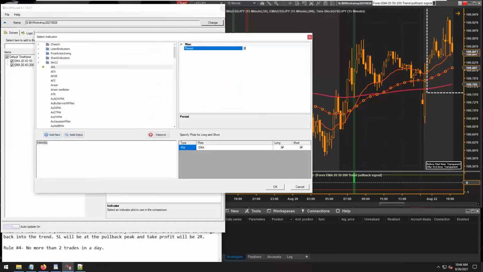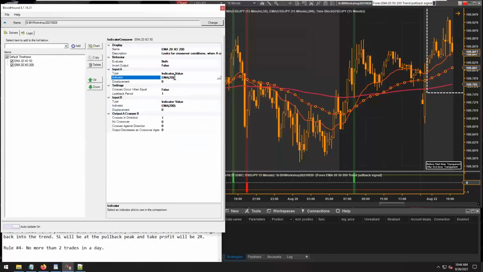All right, so there's the 200 period. So now we have the 20 crossing the 200. And I will make a copy of this and check to see if the 50 crosses the 200. So I will adjust this to the 50 period.